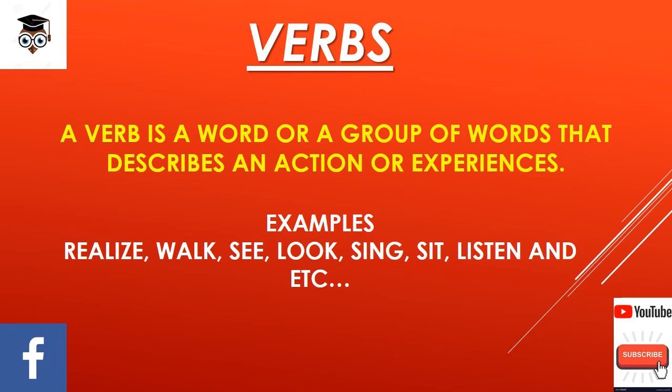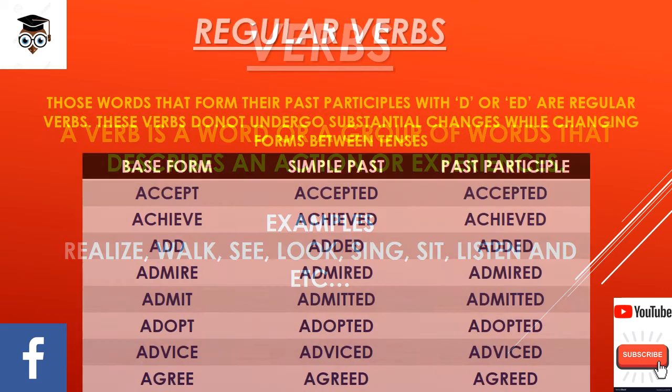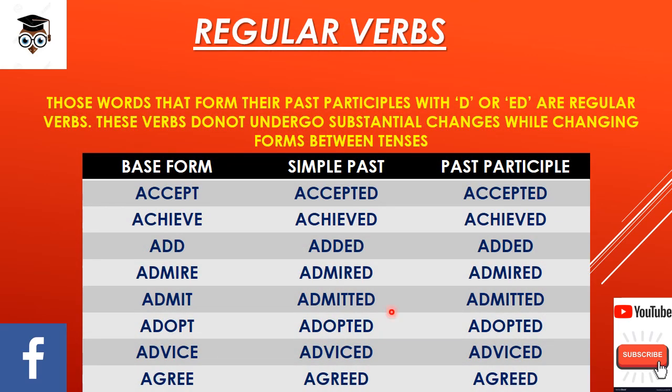Okay, so verbs. A verb is a word or a group of words that describes an action or experience. For example: realize, walk, see, look, sing, sit, listen, and etc. Two types of verbs: one is regular and the other is irregular.